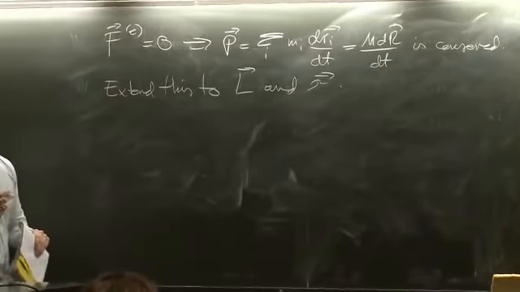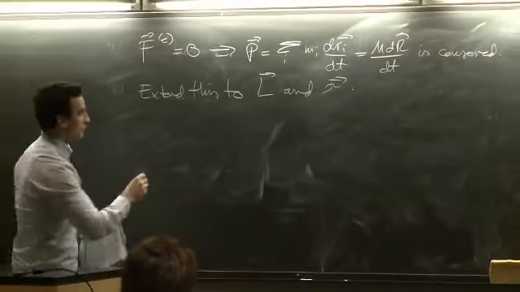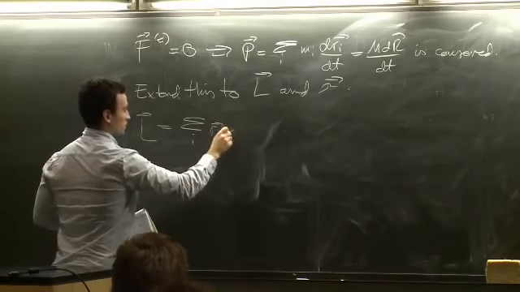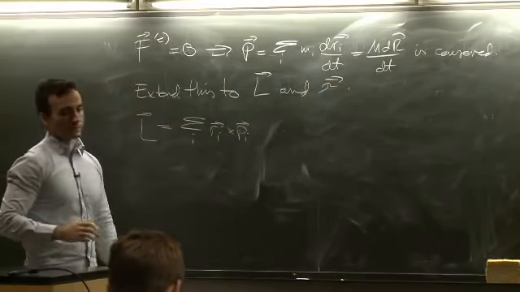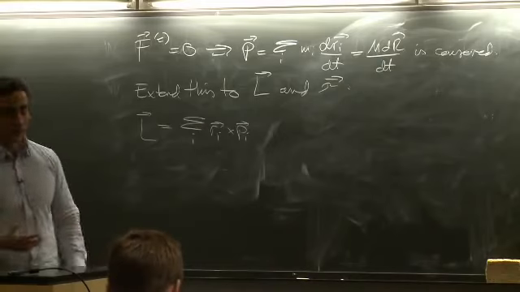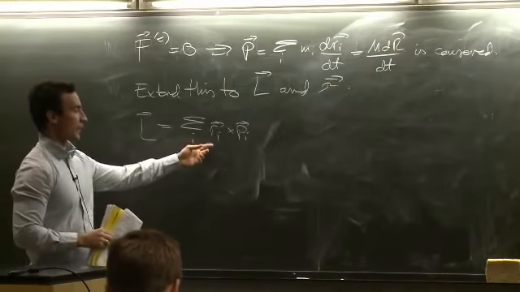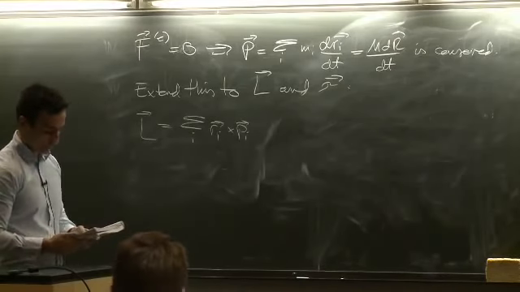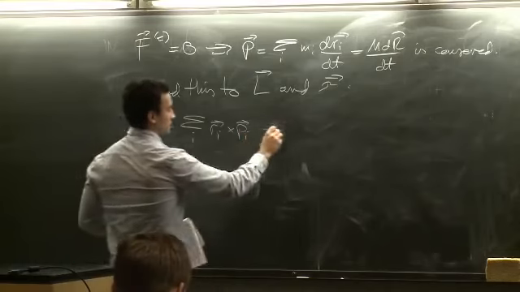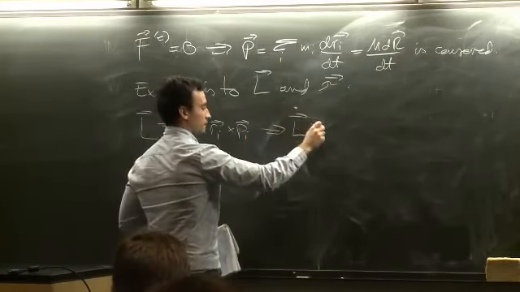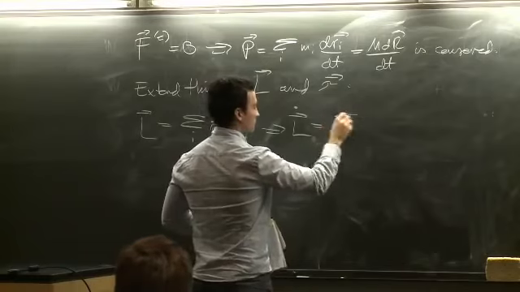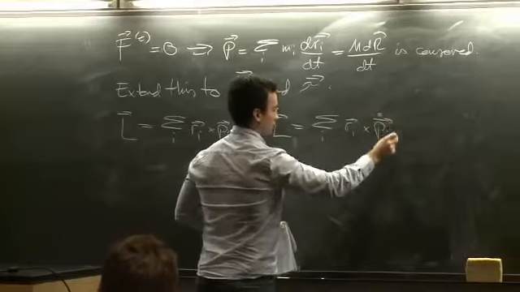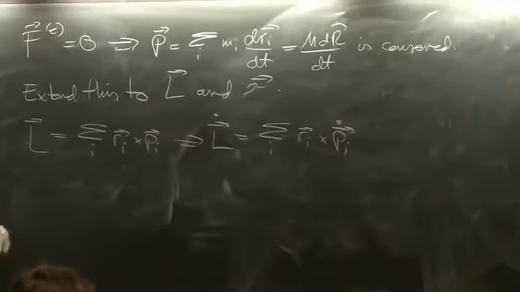So similarly to what we did for the linear force F, we can define the total angular momentum of the system as the sum over the angular momentum for each particle i. This is the time derivative.